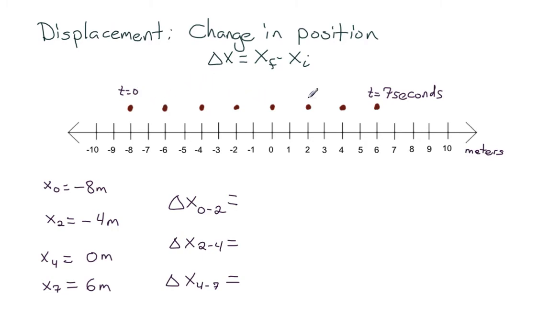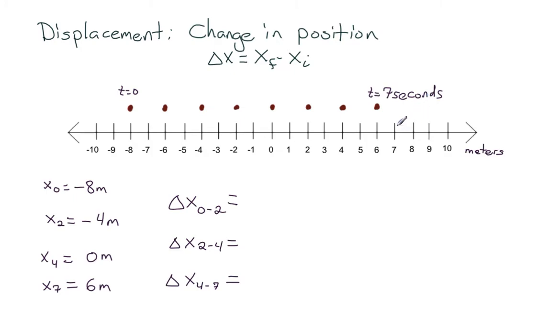So we'll measure time in a very standard unit in physics, which is the second, and you've seen that measured on the clock in second hands. So every time I draw a new dot, 1 second will have gone by. So if this is time 0, this is the location of the object at 1 second, 2 seconds, 3 seconds, 4 seconds, 5, 6, and then finally 7 seconds.